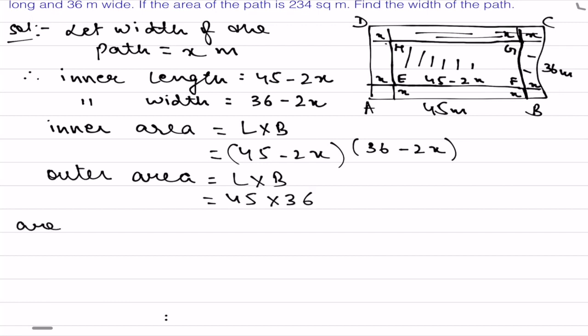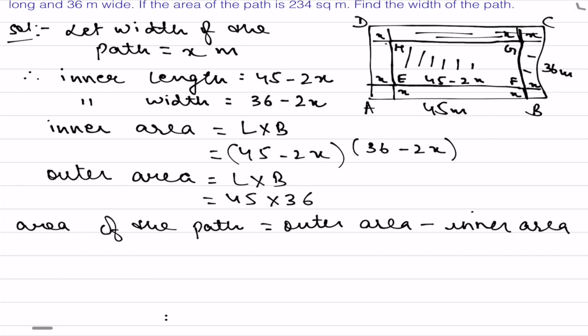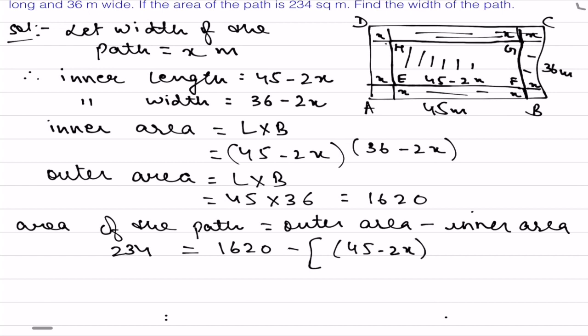So the area of the path is outer area minus inner area. So area of the path is 234, outer area is 1620, and inner area is (45 minus 2x) into (36 minus 2x). So open the brackets and we will solve this.